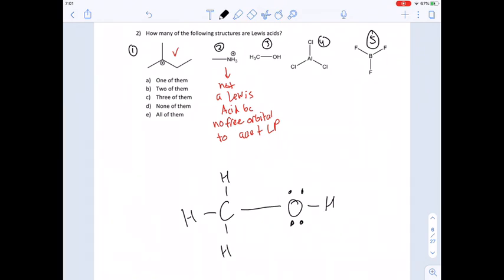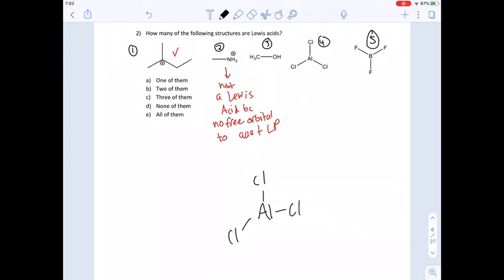The C has 4 bonds, so it has a full octet. The O has 2 lone pairs and 2 bonds, so again, a full octet. And honestly, there's no reason that this would want to take an electron anyway, because if the O were to take even more electrons, it would be anionic. So it's not as favorable as just being neutral. So in this case, 3 is not going to be a Lewis acid.